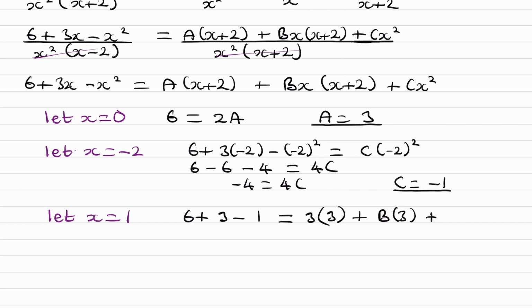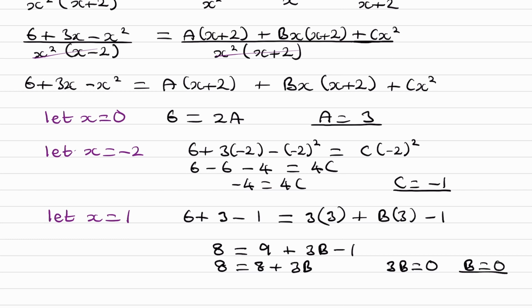And finally c, which is minus 1, times x squared, which is just 1. Okay, so this then becomes 8 is equal to 9 plus 3b minus 1, and we then end up with 8 is equal to 8 plus 3b. 3b is then 0, so b is 0.